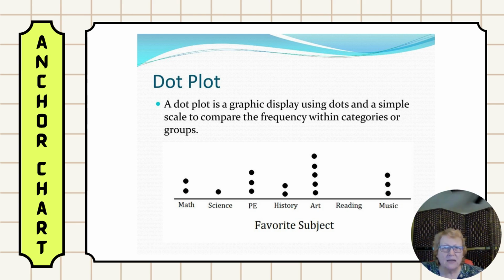The favorite subjects that were asked of students were math, science, PE, history, art, reading, and music. Each time a student named one of the subjects as a favorite subject, that is represented by an individual dot on this dot plot graph.